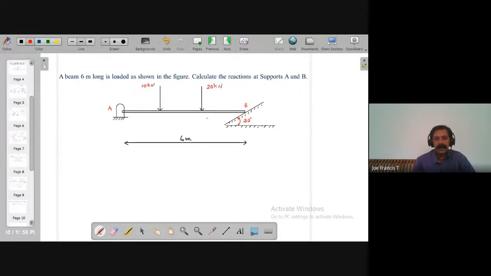They are all at distances of 2 meters, equally spaced. This distance is 2 meter, the distance between these is 2 meter, and this is also 2 meter.